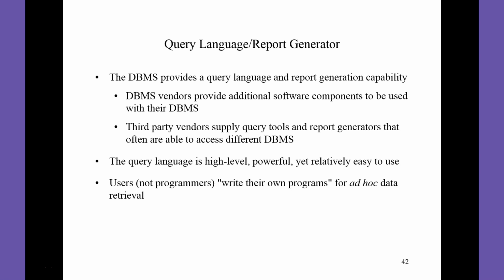This was done in a less timely fashion. It might take days, weeks, or months for the programs to be developed and the requested information provided to the users. This is a notion of what the authors of the textbook referred to as improved data accessibility and responsiveness.